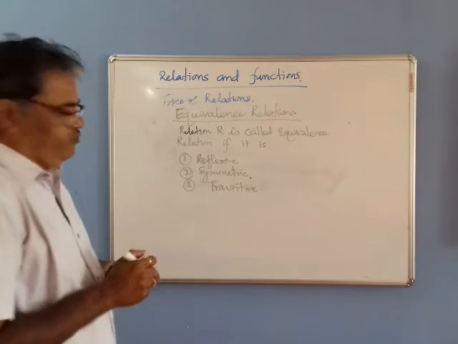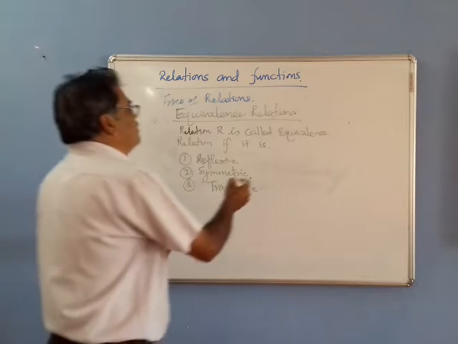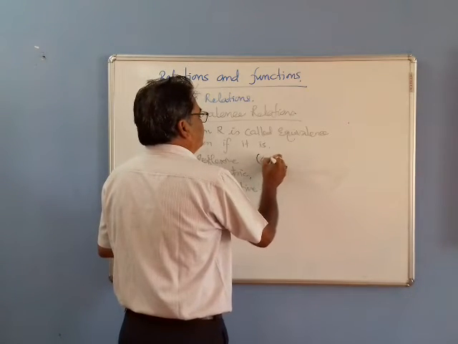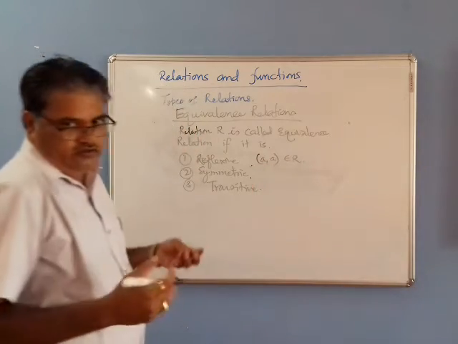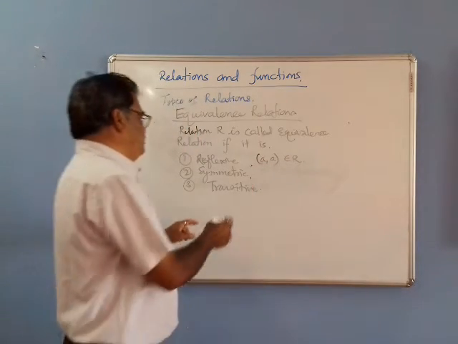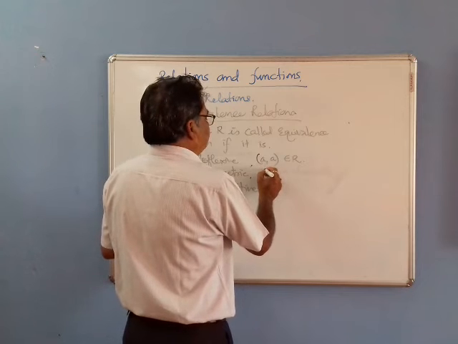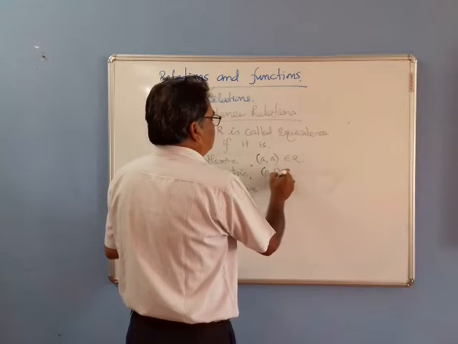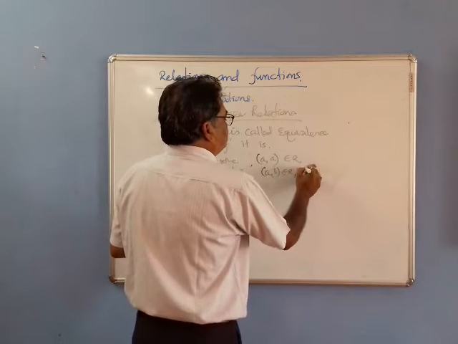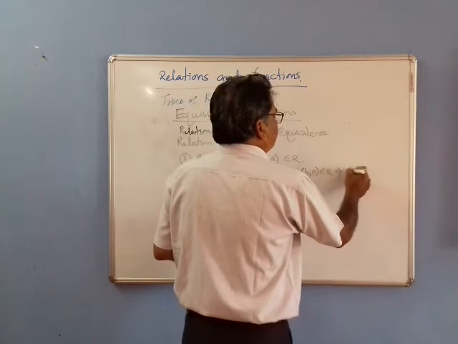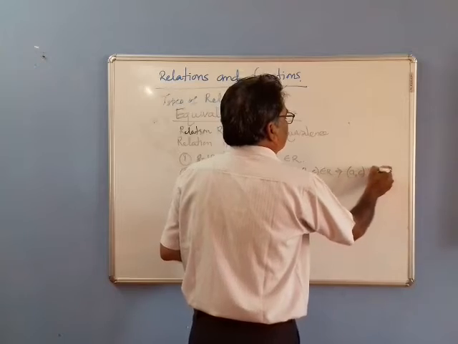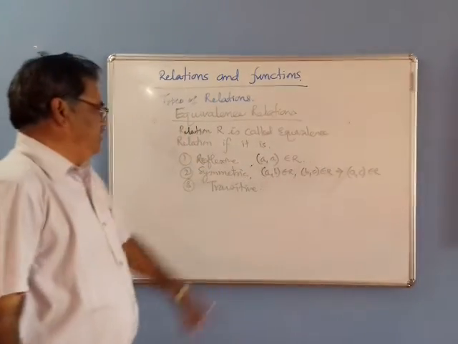What is meant by reflexive? Reflexive means (a, a) belongs to R. If (a, a) belongs to R, then it is called reflexive. In symmetric, if (a, b) belongs to R, then (b, a) also belongs to R. This is called symmetric.